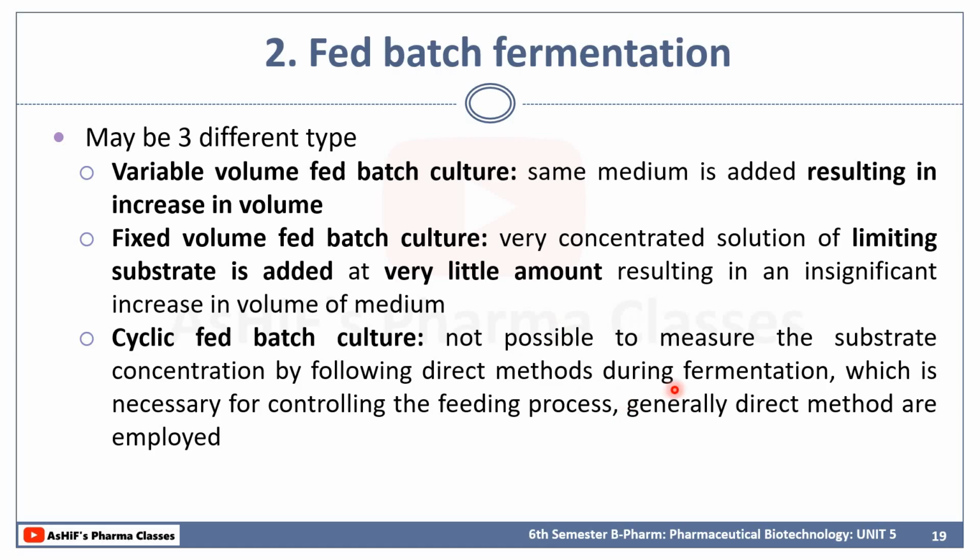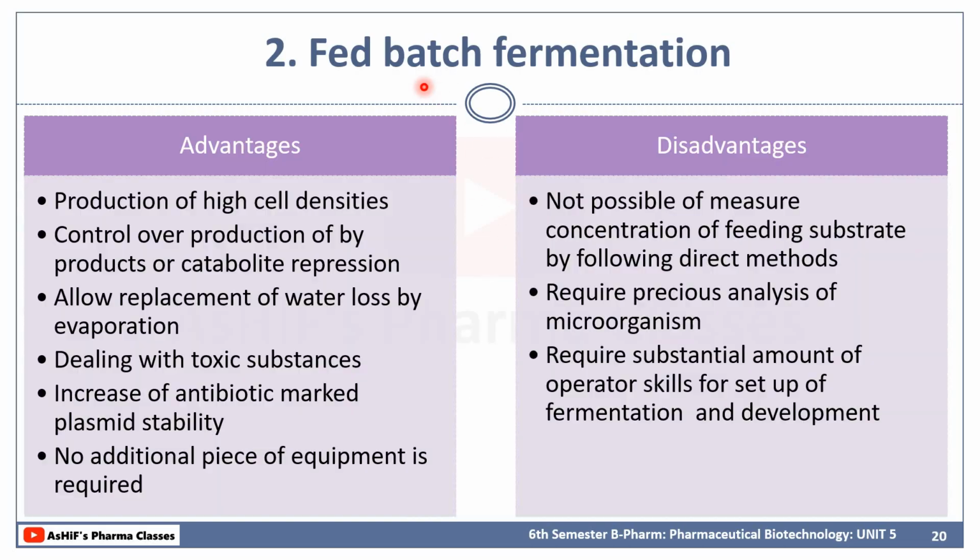It is not usually possible to measure the concentration by following the direct method during the fermentation, which is necessary for controlling the feeding process. Generally, indirect methods are employed, and variable volume or fixed volume fed batch culture is used as a fed batch fermentation method.